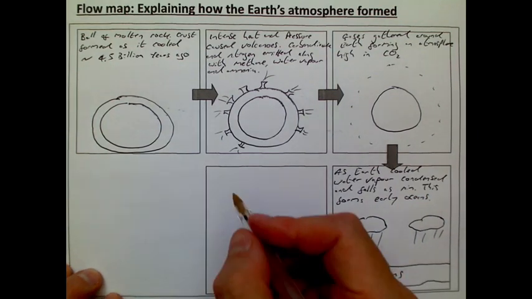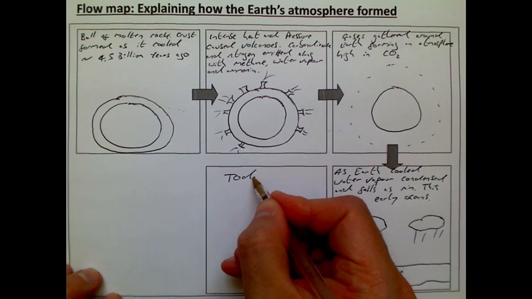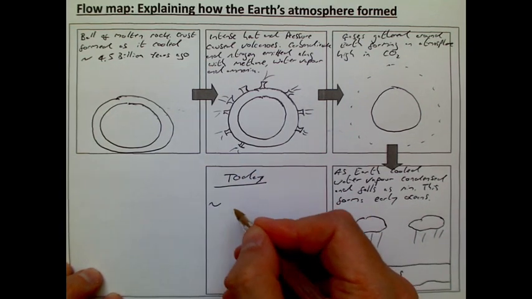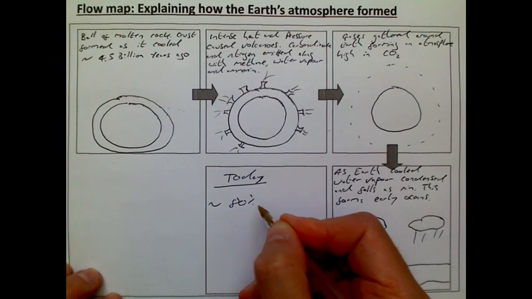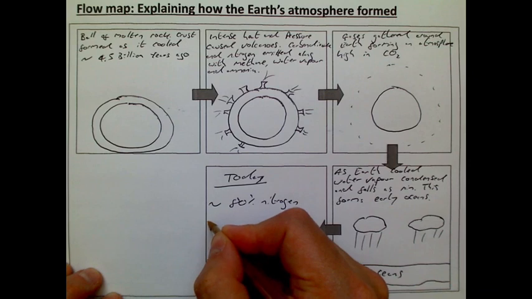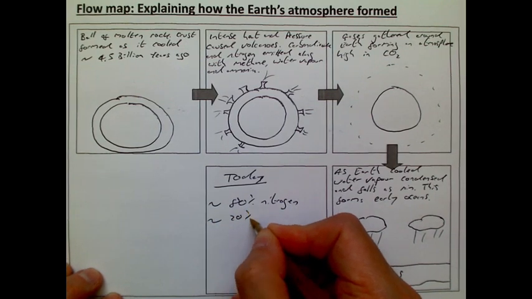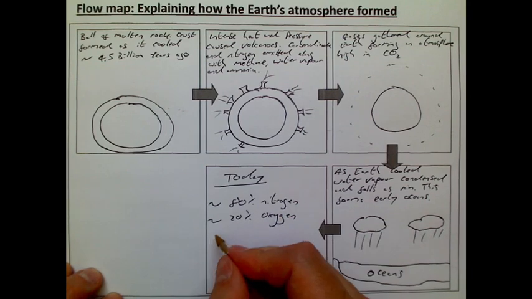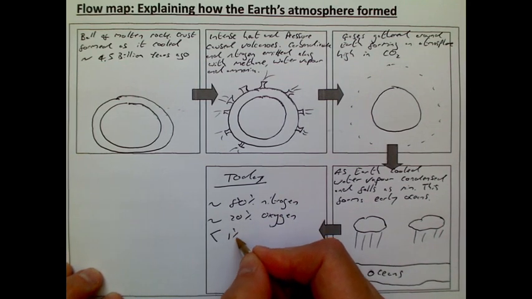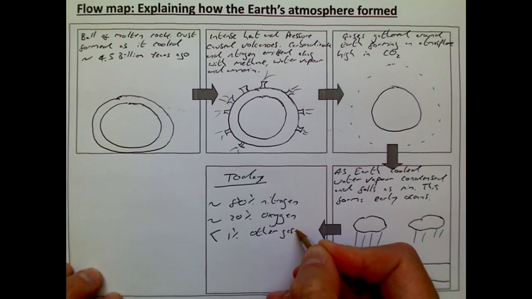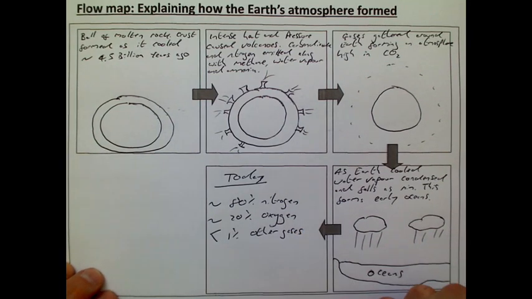And then that leaves us with what we've got today. We have an atmosphere that is approximately 80% nitrogen, approximately 20% oxygen, and less than 1% other gases. So water vapor, carbon dioxide, noble gases, etc.